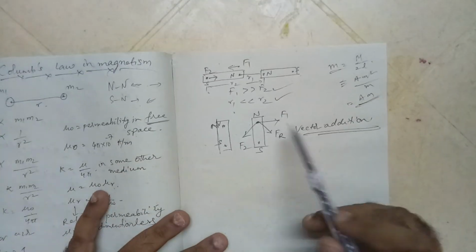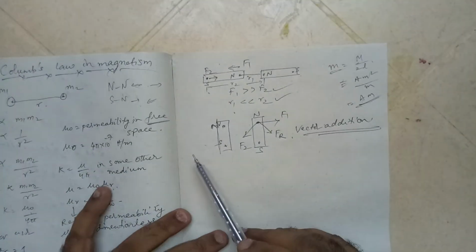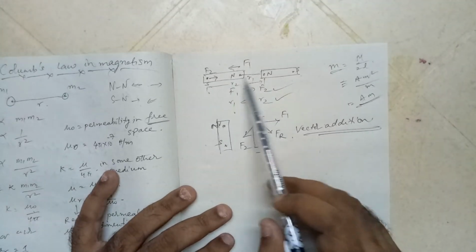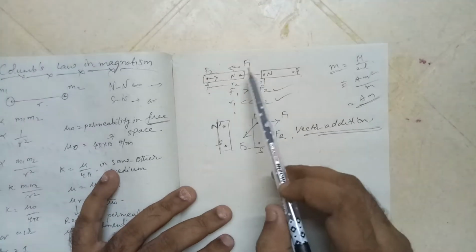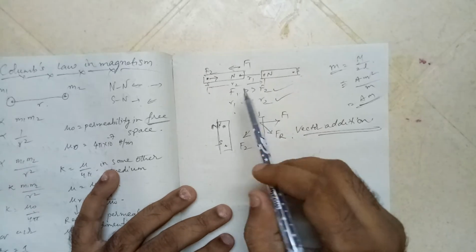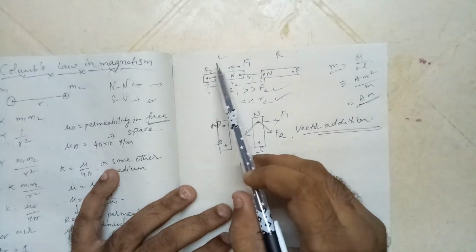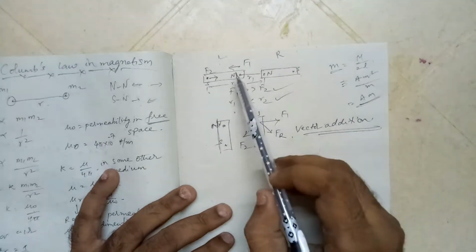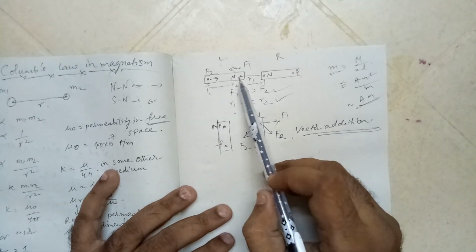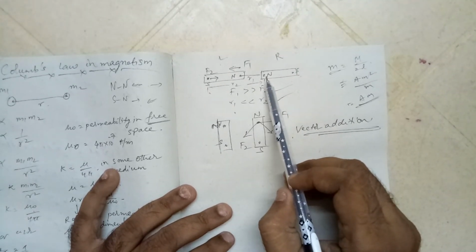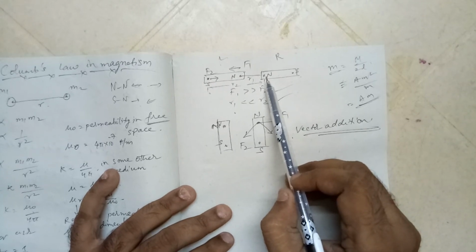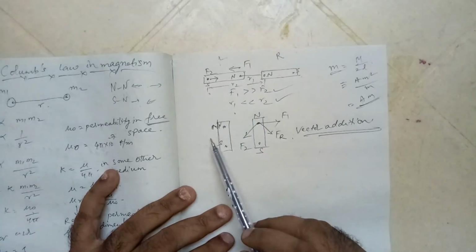So the situation is like this. Suppose you keep two magnets in a horizontal position such that their north poles are facing each other. This is the left magnet and this is my right magnet. I am talking about the forces on the left magnet now. This north pole will experience a repulsion because of the north pole of the right magnet, in this direction.